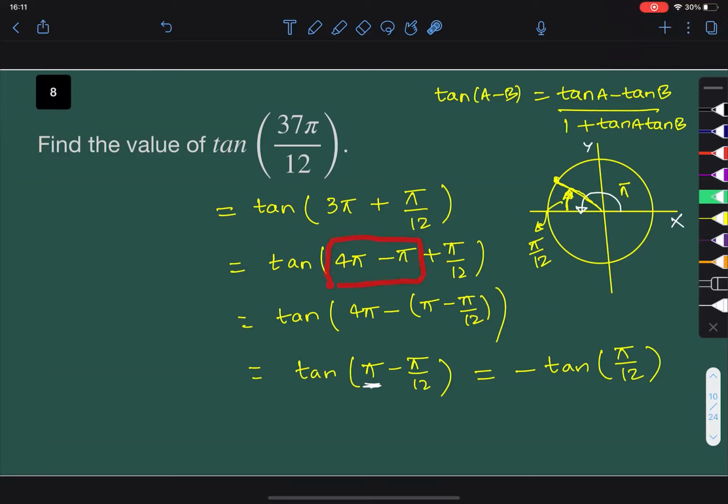Then I'm clubbing these two into a bracket. There is a plus, so I need to make it minus, because if I distribute it, minus into pi is minus pi, minus into minus will be plus. You understand?